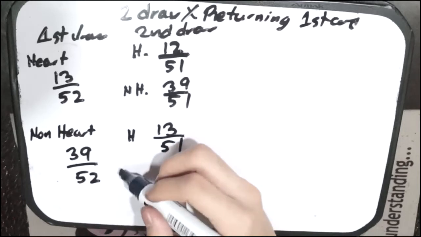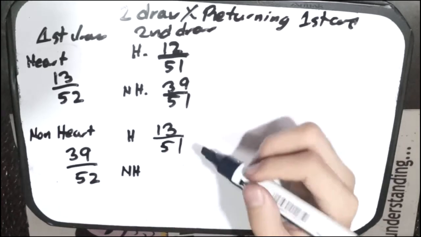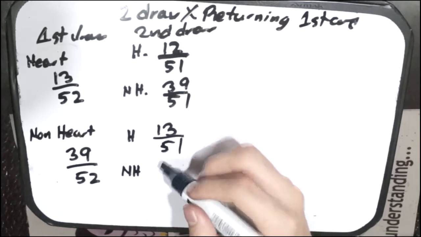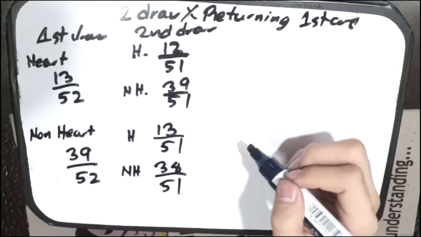And the total probability of drawing a non-heart and then a non-heart again would be 38 out of 51 on your second draw.